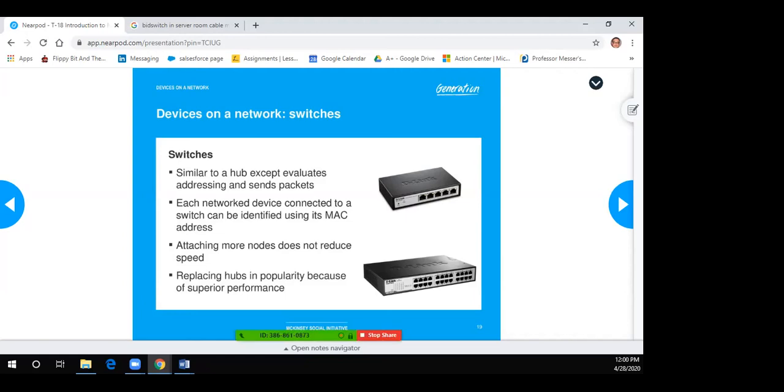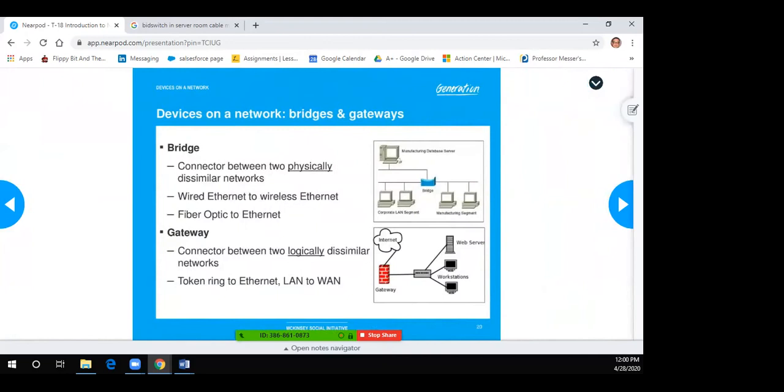This reduces the problem with collisions, and it's been widely sunsetting out all the hubs. Pretty much everybody's gotten rid of hubs. I haven't seen hubs for a long time.